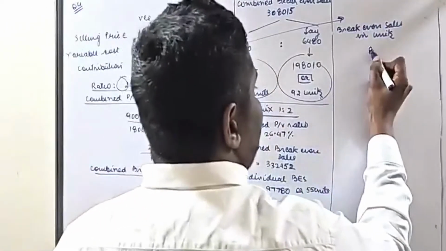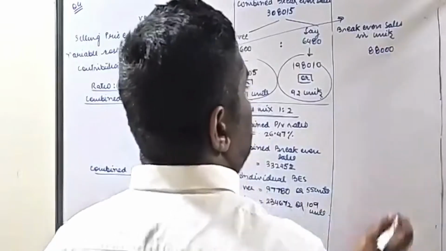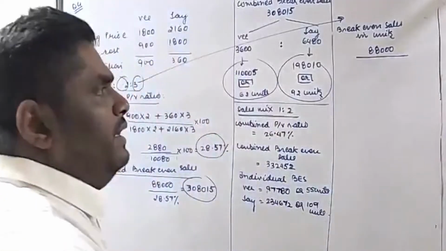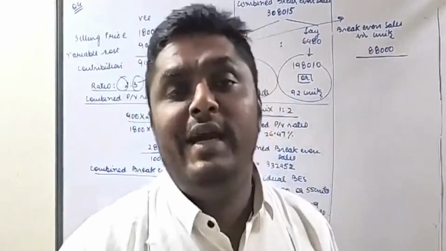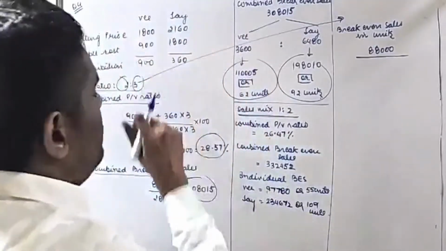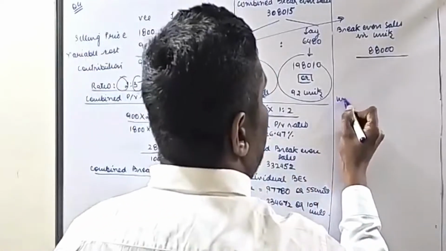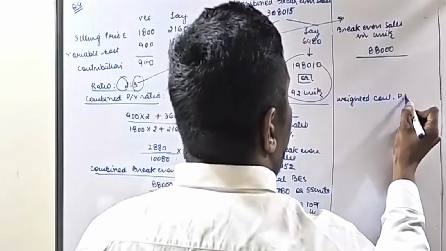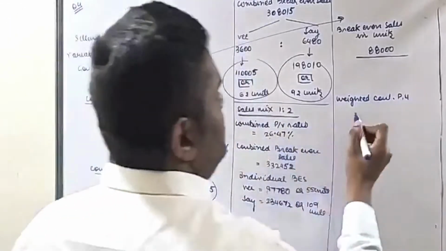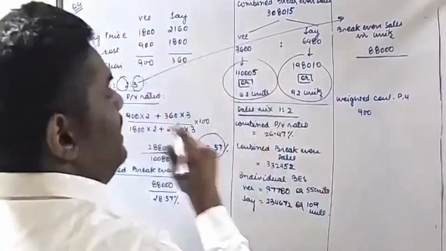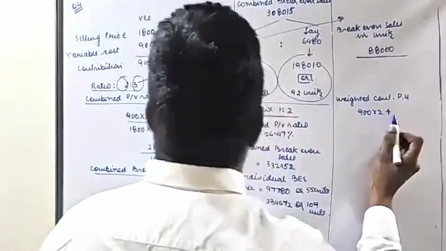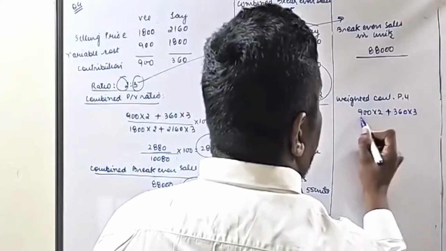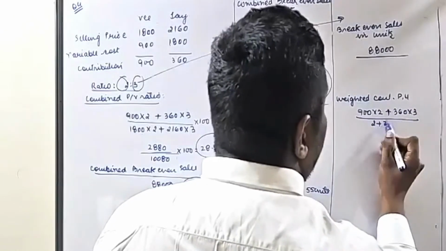See, one more thing. If you want to calculate in units directly, see, 88,000 is my fixed cost, divided by contribution per unit. So we will calculate the weighted contribution per unit. My contribution is 900 into the weight, that is 2, plus 360 into 3, divided by 2 plus 3, that is 5.